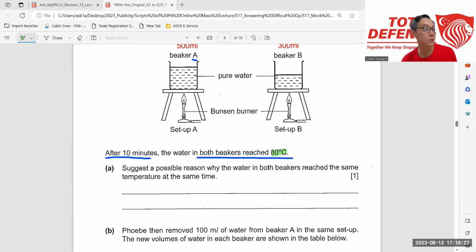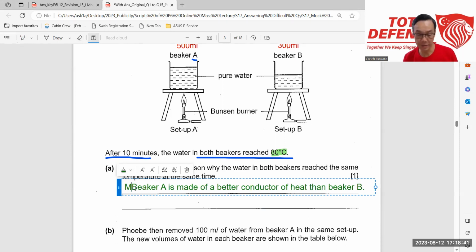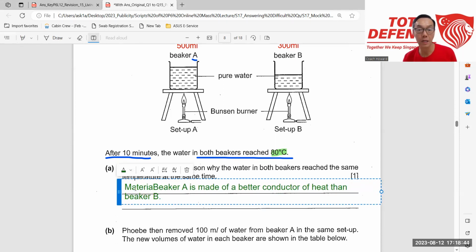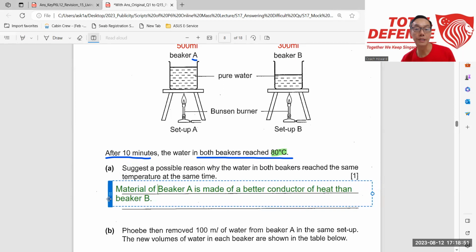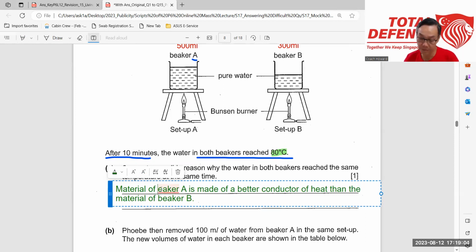So the reason is that beaker A has more water, so the material of beaker A is made of a better conductor of heat than the material of beaker B. Okay, that's the reason. Better conductor.